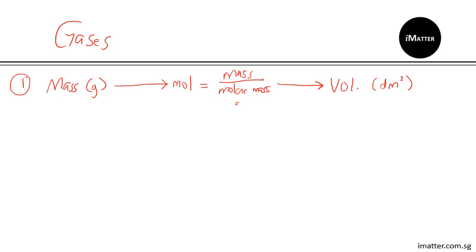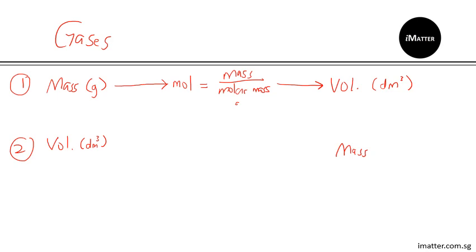Now, the other way that a question could be asked is you're given the volume and you are asked to find out the mass of that gas. This is simply a reverse of the above method. So again, check your units are in dm cubed.